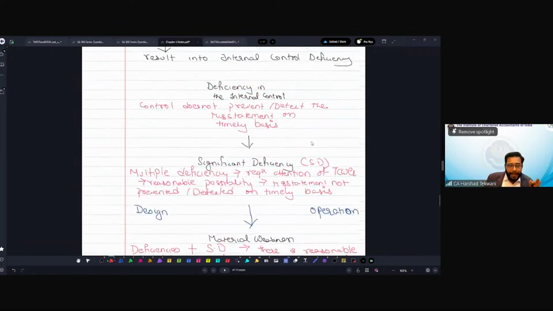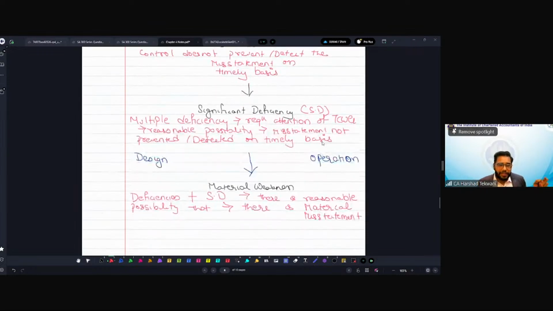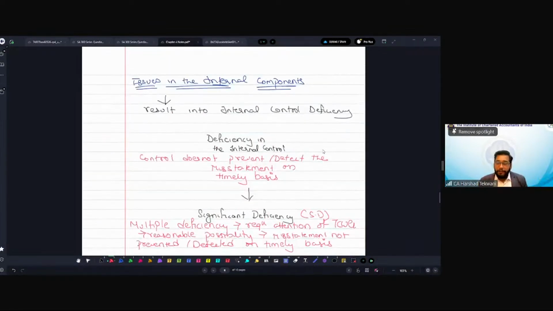So you might be clear now with the terms deficiency in the internal control, significant deficiency, and material weakness. We will go back to this discussion when we discuss SA 450. We will revisit this topic because at that point we will understand the evaluation of the misstatement, and we will identify the category of the misstatement. But as of now, understand these three categories.